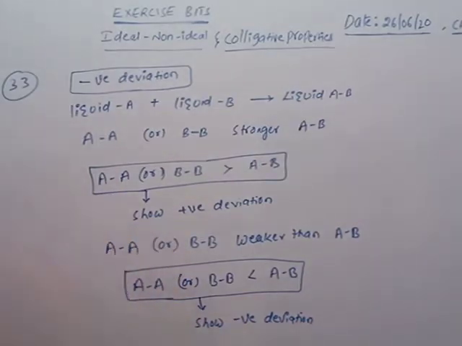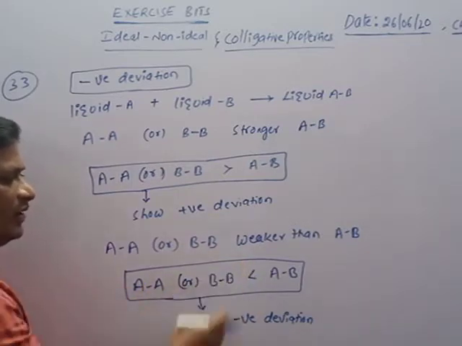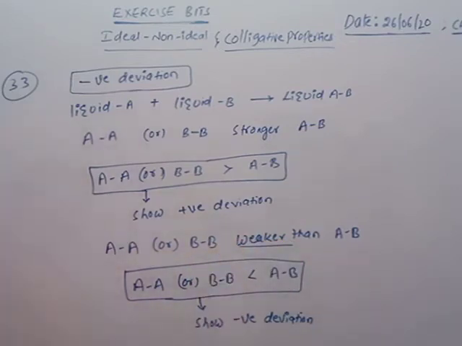When the liquids show negative deviation, AA interactions or BB interactions are weaker than AB interactions. So the first option is the answer: AB interactions are stronger than AA and BB interactions.